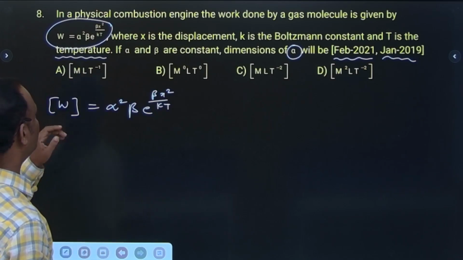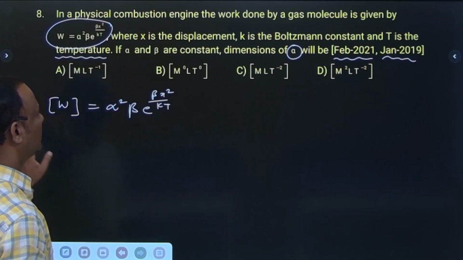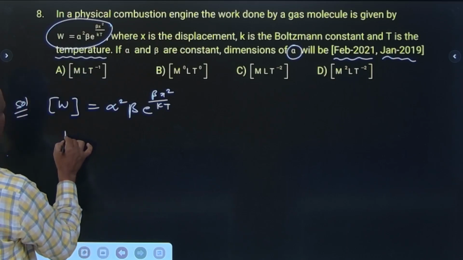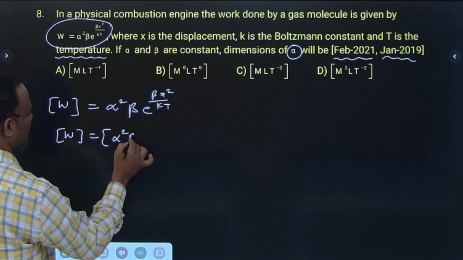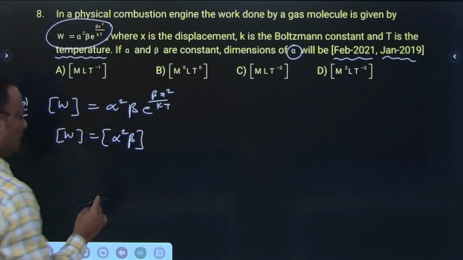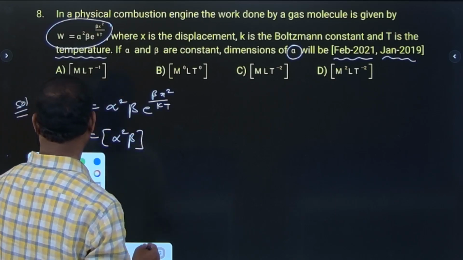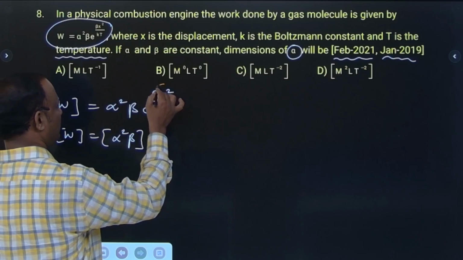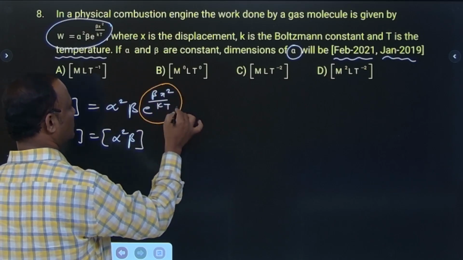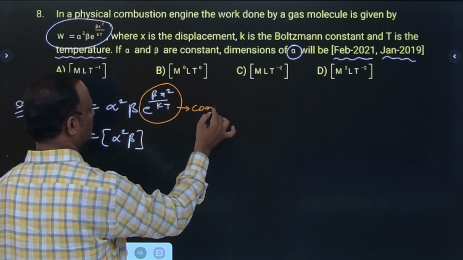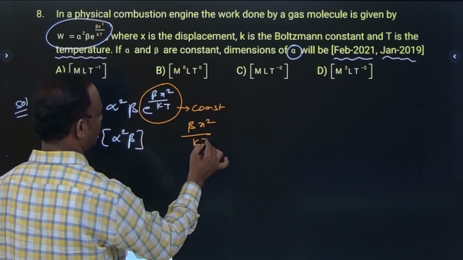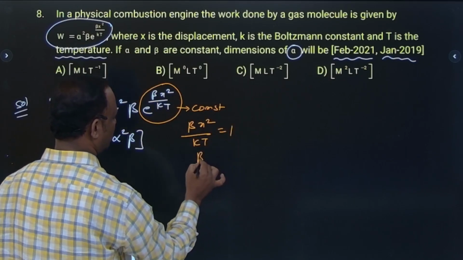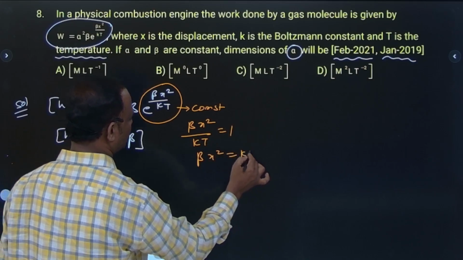W is work done. The dimension formula of W equals the dimension formula of alpha square beta. The exponential part is a constant, so beta x square by kT equals 1, meaning beta x square equals kT.